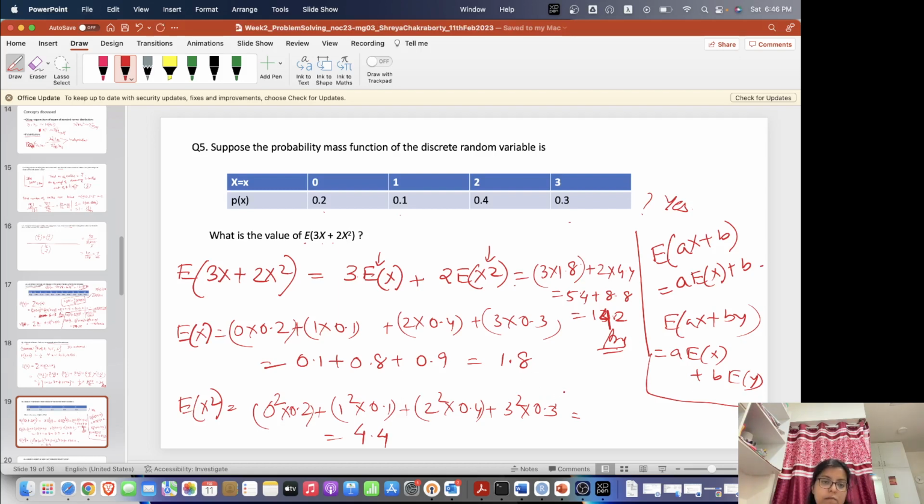Okay. Ma'am, E of x square is 4.32. 4.32?